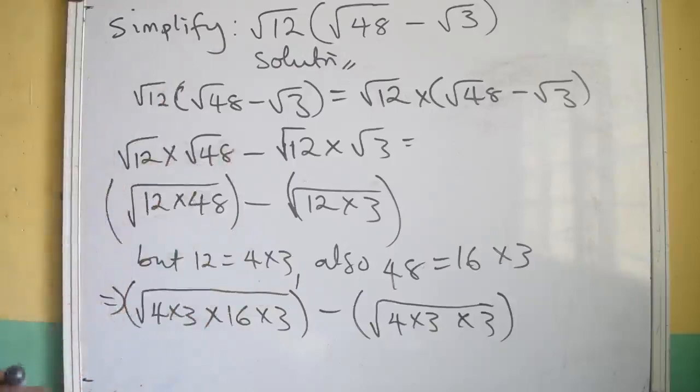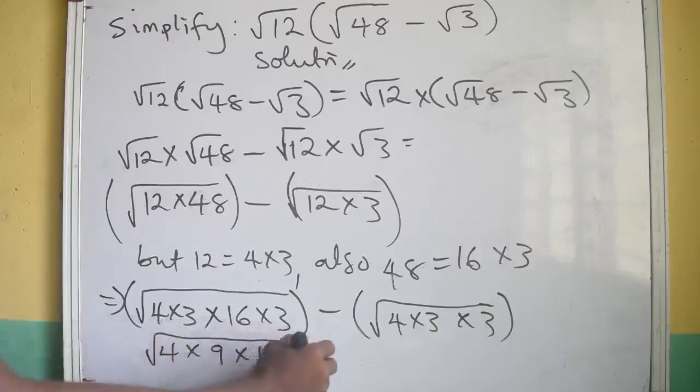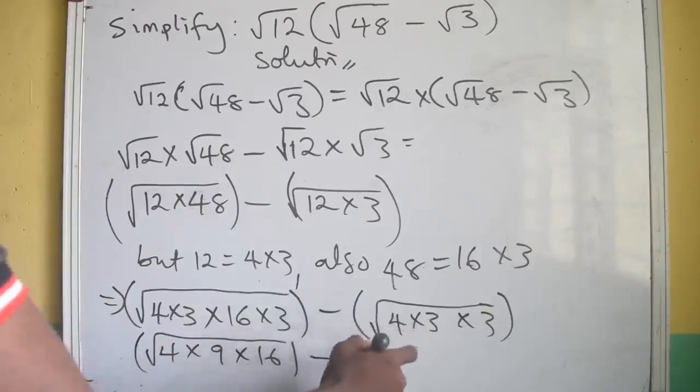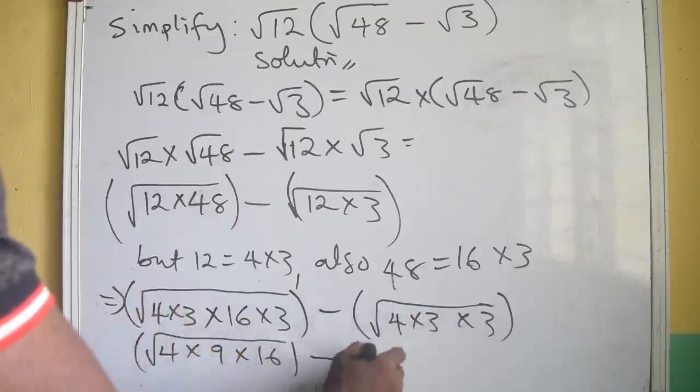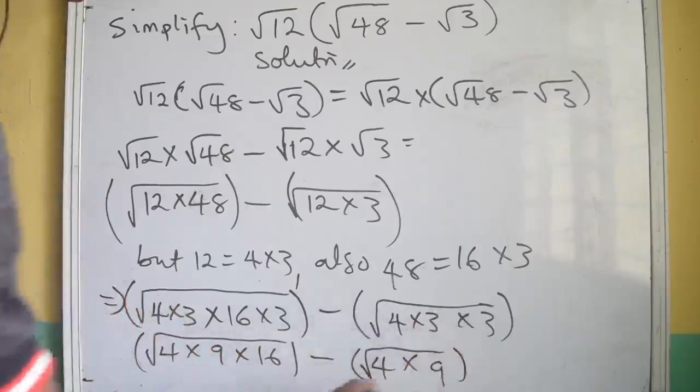This is just like saying 4 multiplied by 3 times 3 is 9, multiplied by 16, in square root, minus this, let me put my bracket, 3 times 3, we have 4 times 3 times 3 is 9. You put your normal square root and close it. I'm just trying to simplify.